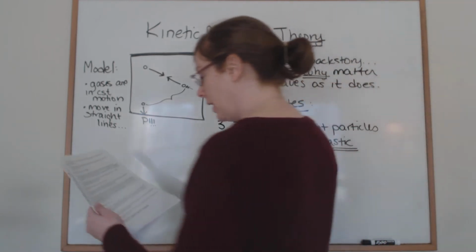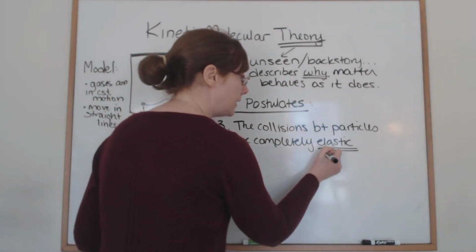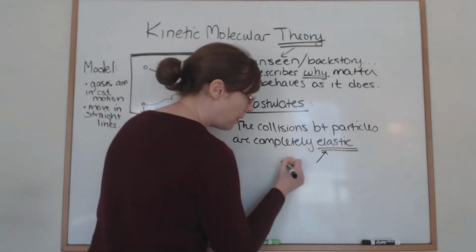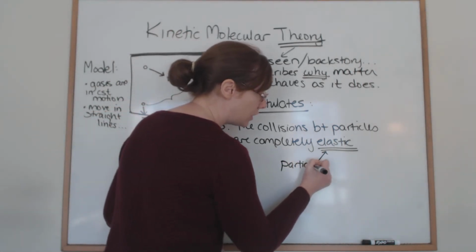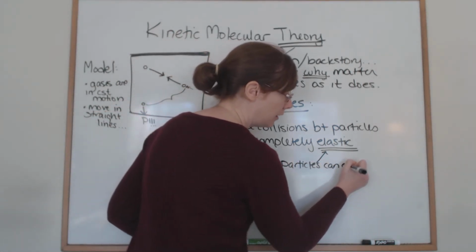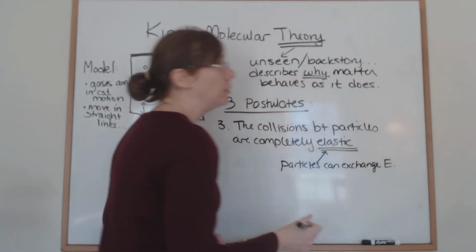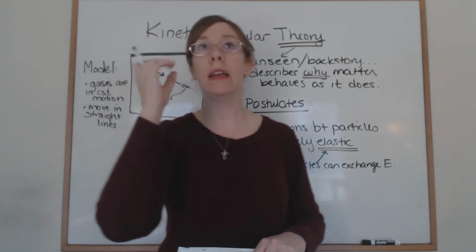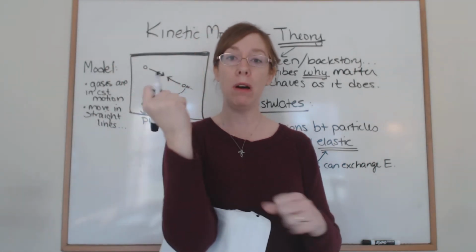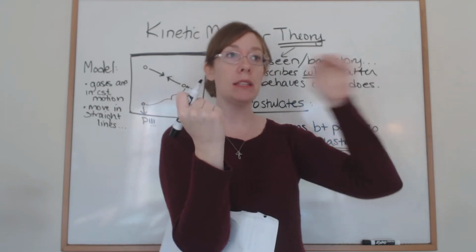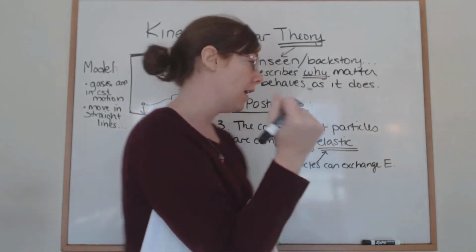Let's give you a definition for elastic: elastic means that the particles can exchange energy. For instance, in pool, the white ball, when you hit it, can give its energy to another ball. So you can have an exchange of energy.